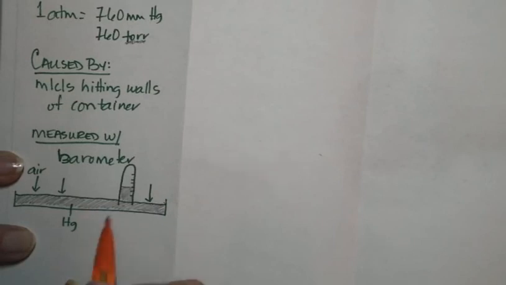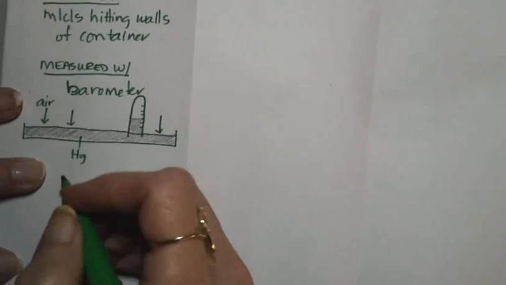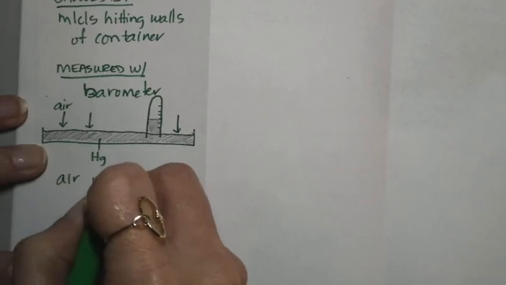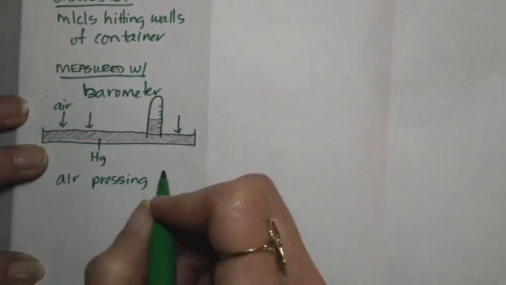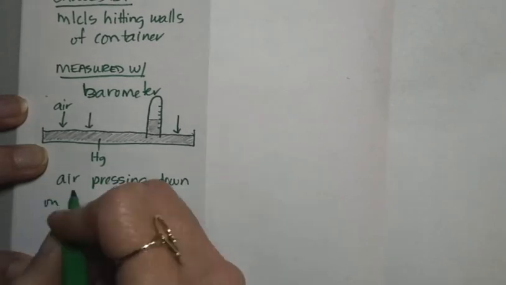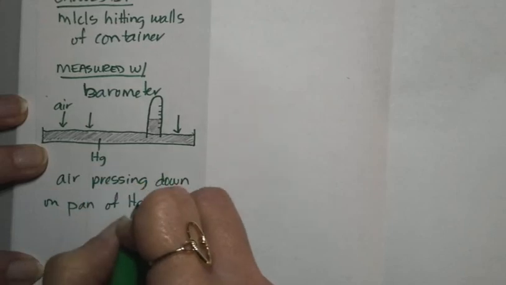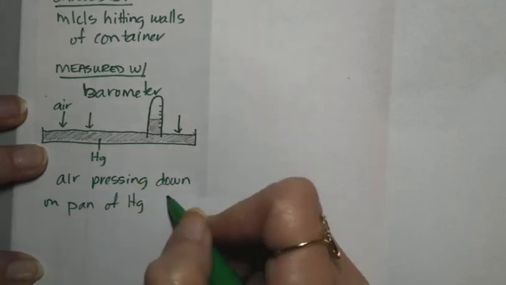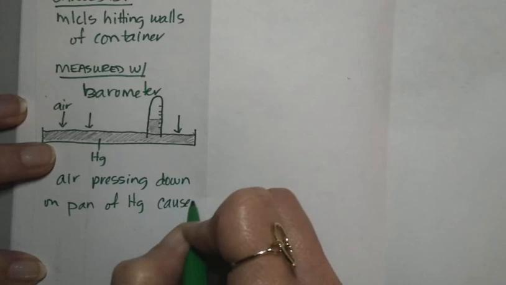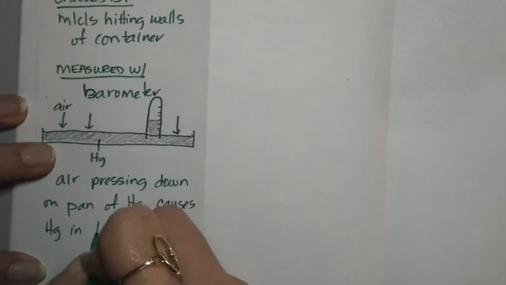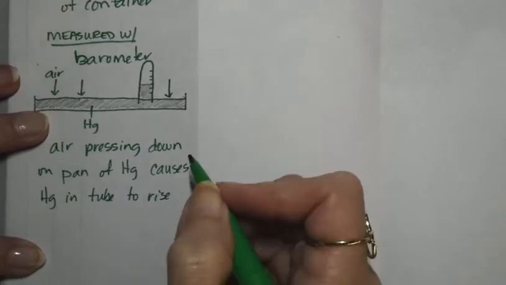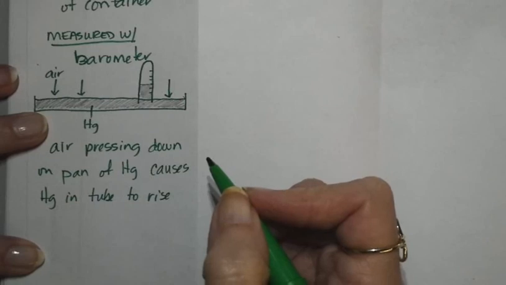So air pressing down on the mercury, pressure. The air pressing down on the pan of mercury causes the mercury in the tube to rise. At sea level, at 0 degrees Celsius, it will rise up 760 millimeters.